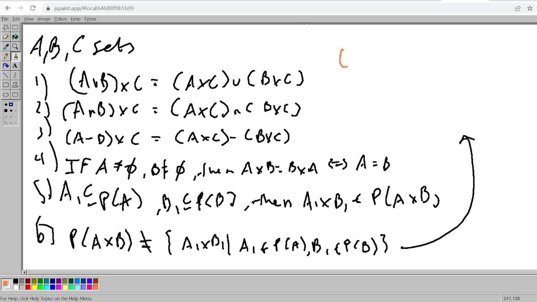Do 6, continued. So we can actually say that A1 × B1, with A1 an element of P(A) and B1 an element of P(B), is a proper subset of the power set.